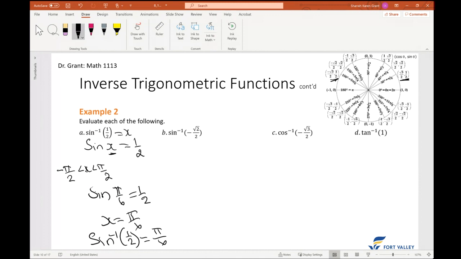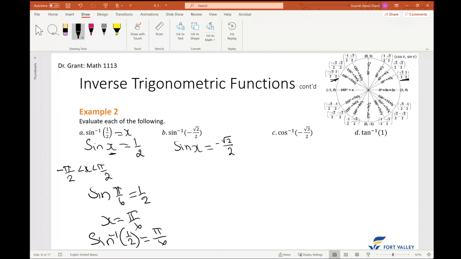So what value of x, so you can always rewrite it, or what angle do we have with sine of that angle being negative root 2 over 2?